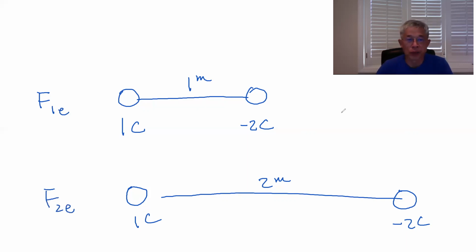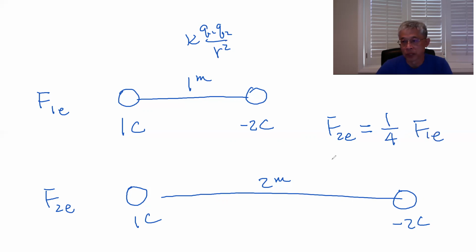The easiest way to do this is, this distance is increased by 2, so F2E will be smaller. Since we know Coulomb's law is K Q1 Q2 divided by R squared, as R increases by 2, the force should be divided by 2 squared. So it will be a quarter of F1E in magnitude.